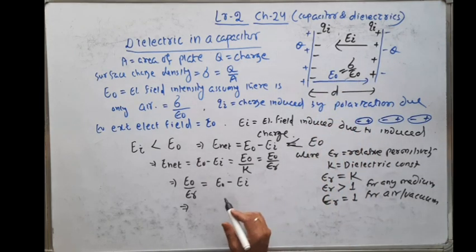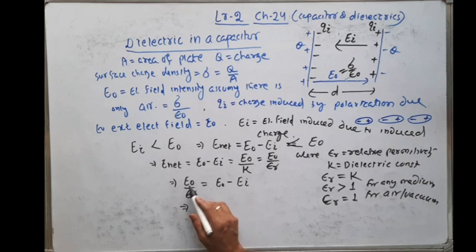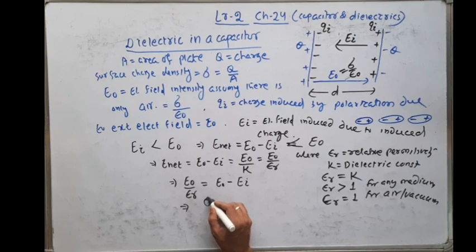So I can write the net electric field intensity, which is equal to E naught by K, is equal to this, and E naught is nothing but sigma by epsilon naught.